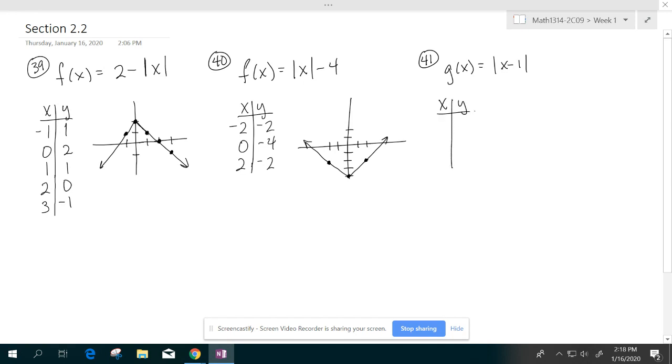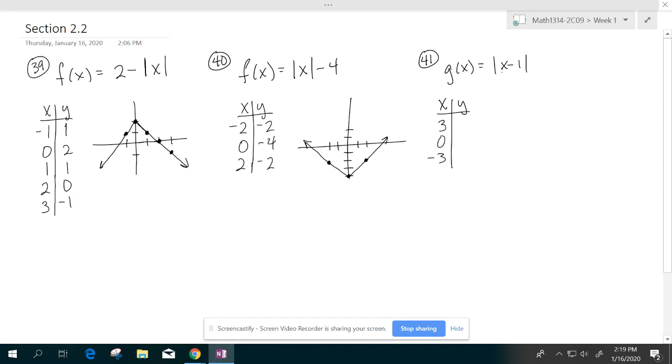And since this one's a little bit different because it's got more stuff inside, I think I'm going to let you pick the X's. Anybody want to pick? 3? 0. Oh, somebody learned I like 0. And what? -3. And let's stop with those 3, see what we get, and then we might need a few more.